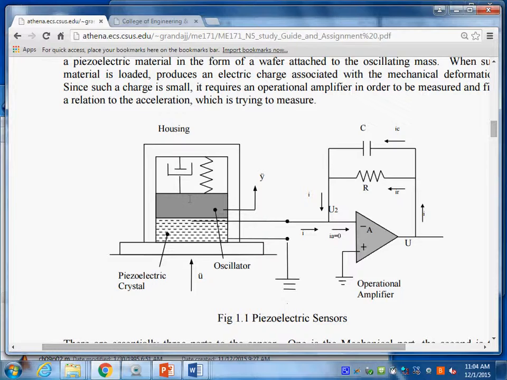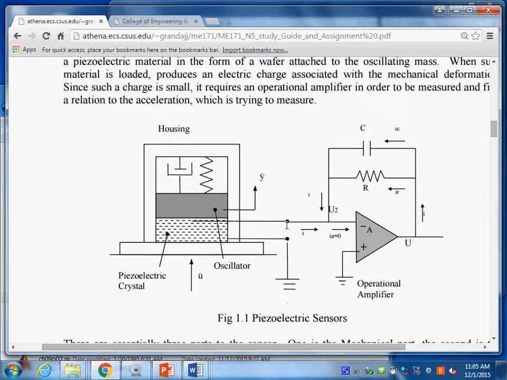And because of that, it will compress the piezoelectric material in a proportional amount to the acceleration. And then, of course, you have this damper and the spring that will bring them back to the original position. But that small voltage that is produced here needs to be measured.